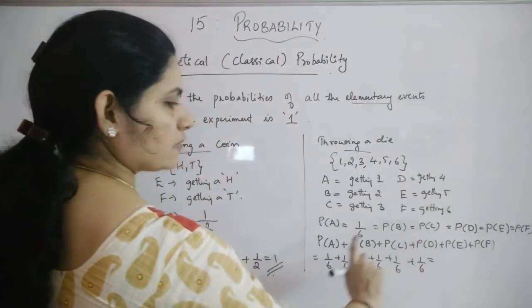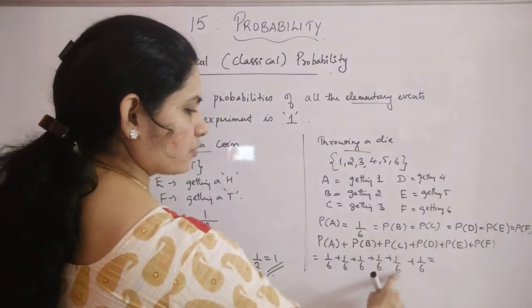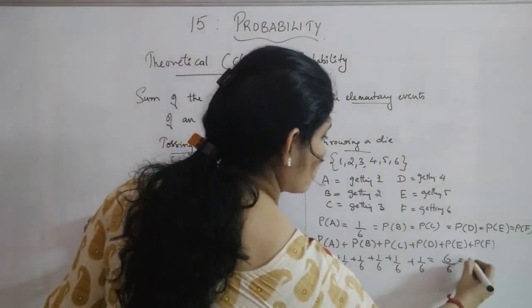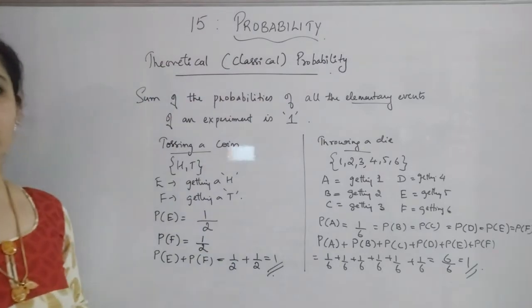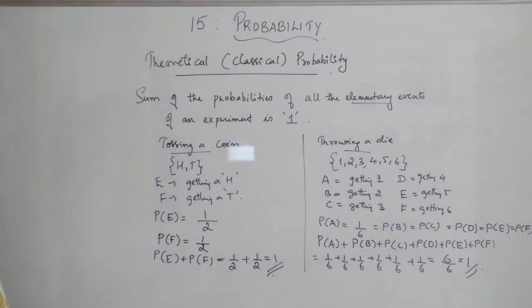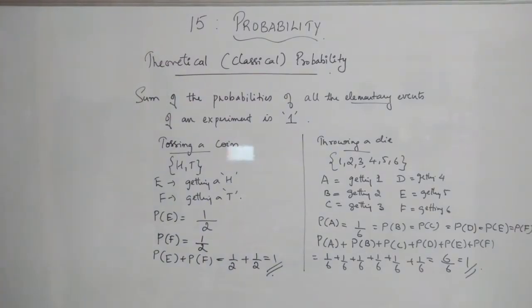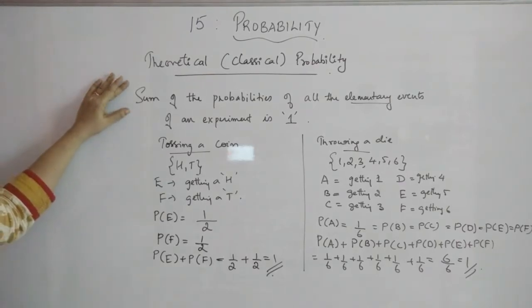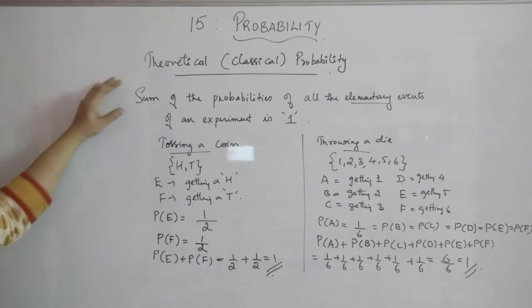So how many do you have? 6 events, 1, 2, 3, 4, 5, 6. So it is 6 by 6 or 1. So the sum of all these is giving you 1.